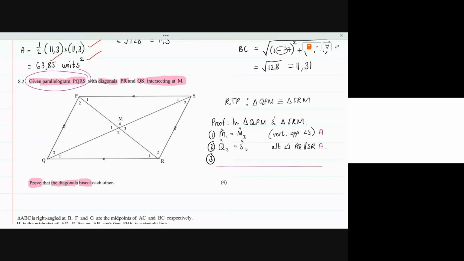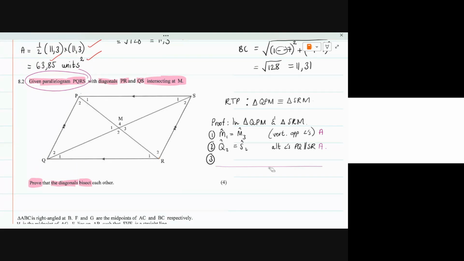Okay, we know that PQ is parallel to SR. What else do we know? That's it. That's it, Javiso. That's it, Narisha. That's the one, Theo. Beautiful.